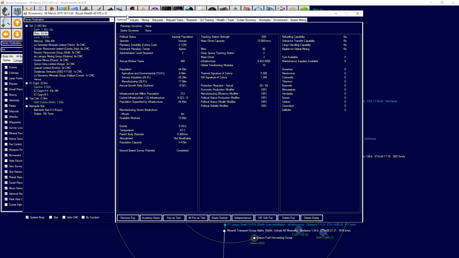For every colony cost, you're going to need 100 times that in infrastructure, right? So I have 2.12 colony cost here, and that means I need 212 infrastructure per million population.